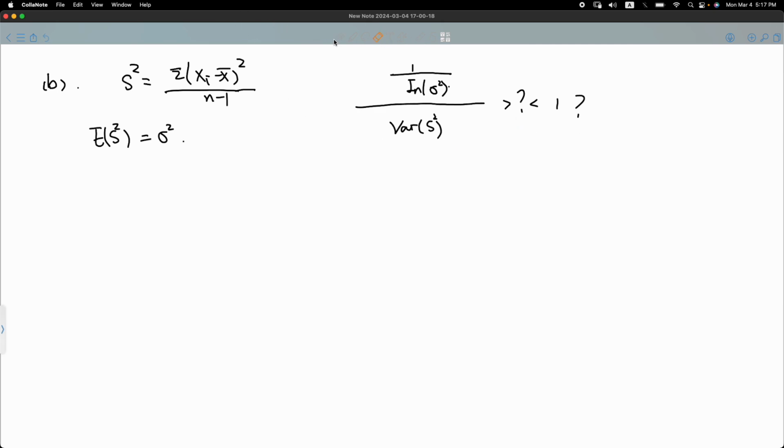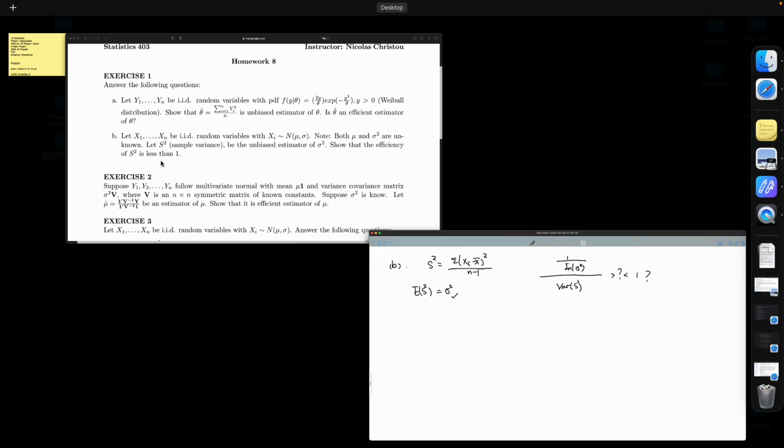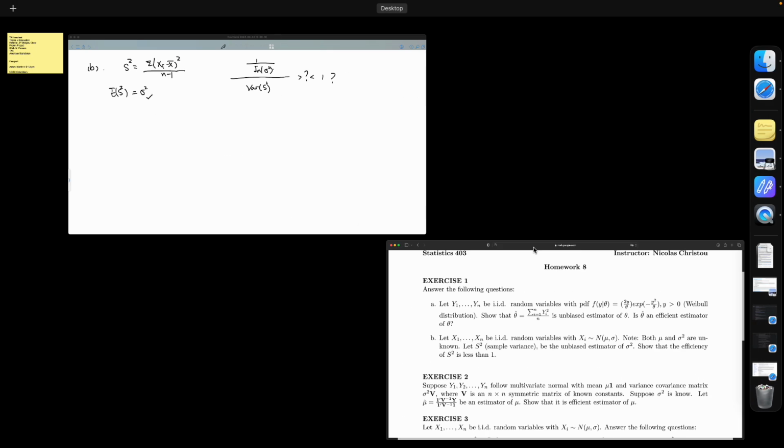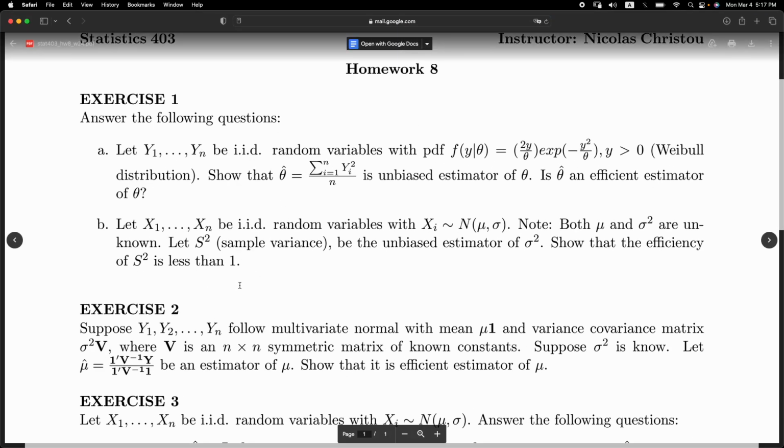So first of all, we are talking about the sample variance. This is the formulation for the sample variance, divided by n minus 1, and we also know that this is the unbiased estimator for sigma squared. We want to show that the efficiency for S squared is less than 1.